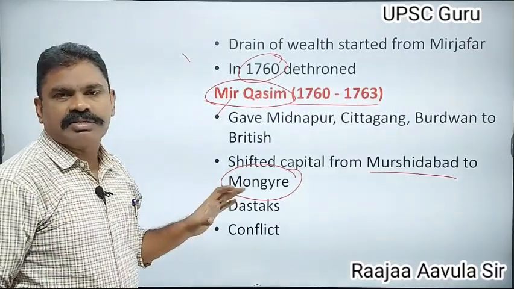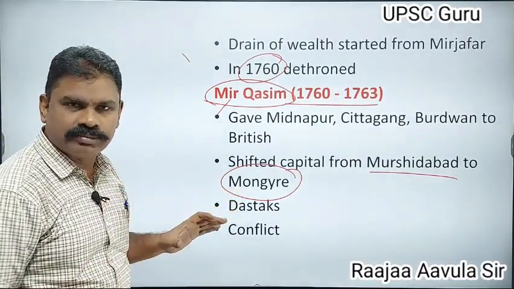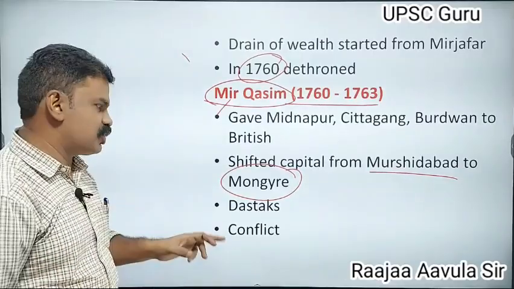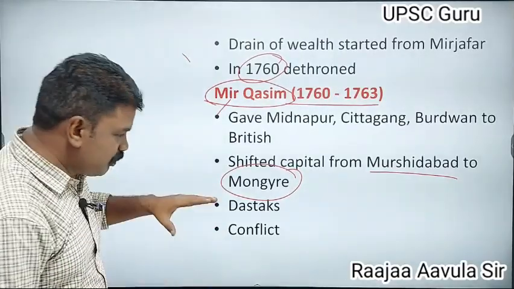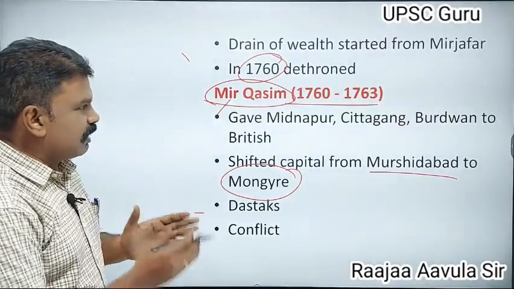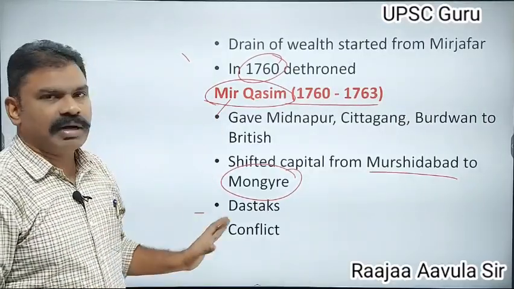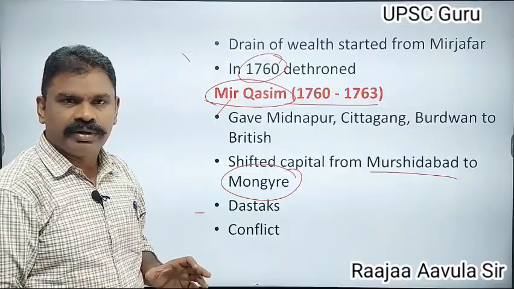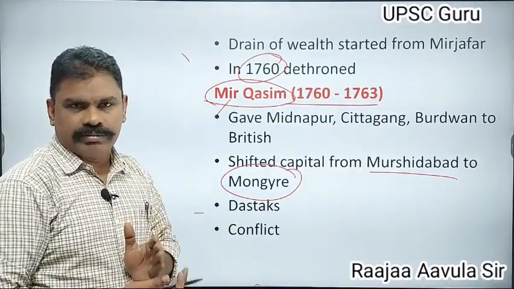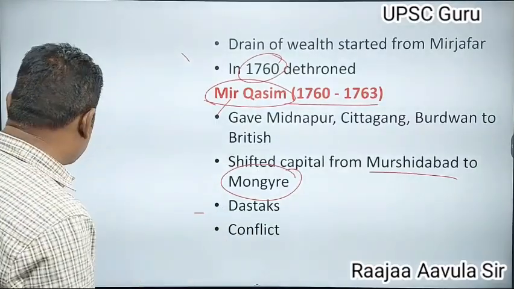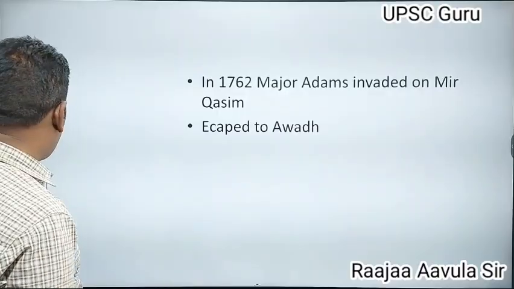But the British did not stand by their oath. The British again started misuse of the dastaks. This misuse of the dastaks started a conflict between Mir Qasim and the British. It went to war, even some small wars.